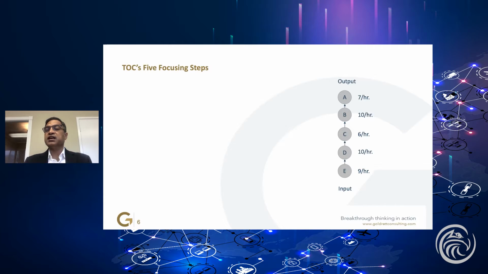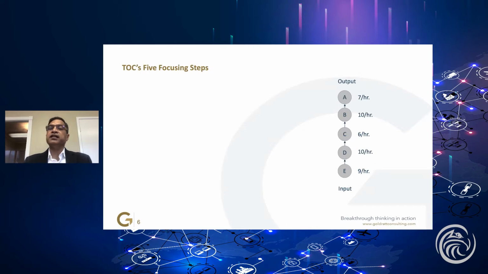It starts with step E, goes through step D, step C, B, and A. The input is fed into step E, and then the output comes out of step A. It's a linear process. The numbers on the right side of each step are the maximum capacity of that step, or the machine or human resource. For example, E can produce a maximum of 9 pieces per hour or 9 jobs per hour.